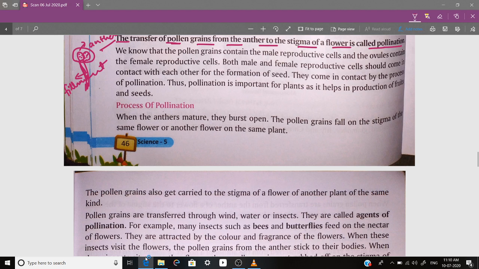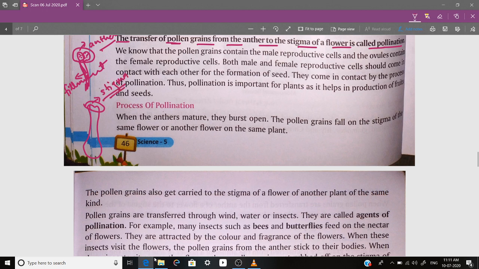Okay, so what happens when these pollen grains transfer from the anther to the stigma. Now, what is a stigma? If you remember, the stigma is the female reproductive part of a flower. I have told you the upper portion is called stigma.